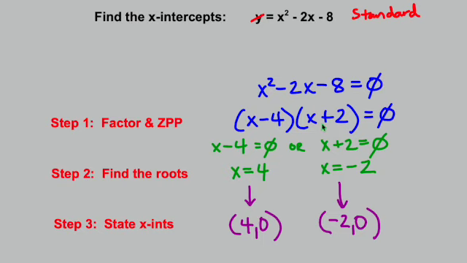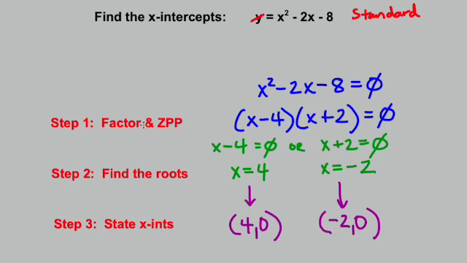You would factor, and once you found your two factors, in this case x minus 4 and x plus 2, you set each of them equal to 0 and solve for x. By the way, x equals 4 and x equals negative 2 are called the roots. Then each of our two roots we can convert into our x-intercepts. So that's how we would find 2 points that fit on this graph.